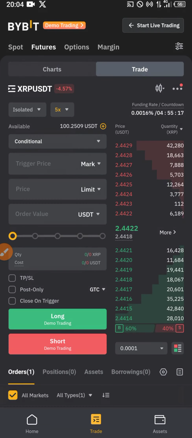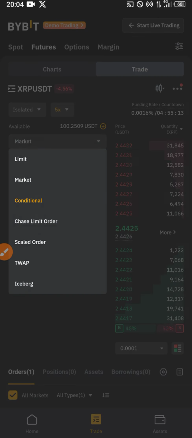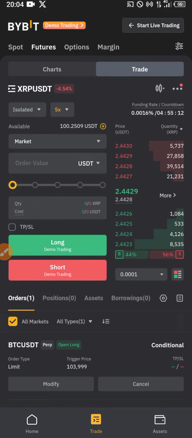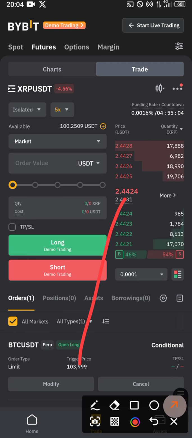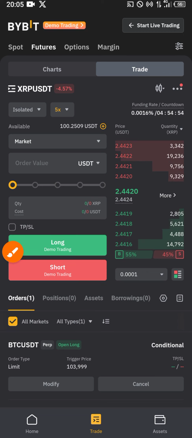And let's use market order, right? So remember I said order value is the price multiplied by quantity, which is going to give us order value.